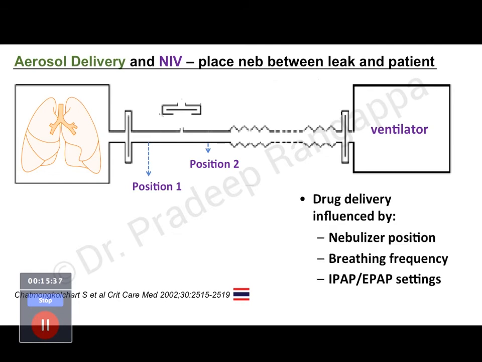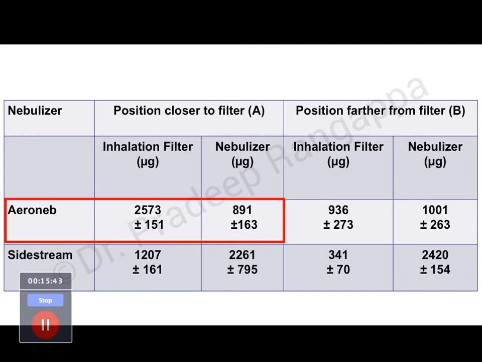So the drug delivery in NIV was influenced by nebulizer position, breathing frequency, and IPAP and EPAP settings. And this is what they showed. In NIV, when the vibrating mesh nebulizer was closer to the filter, they found there was a better deposition, as you see in micrograms.